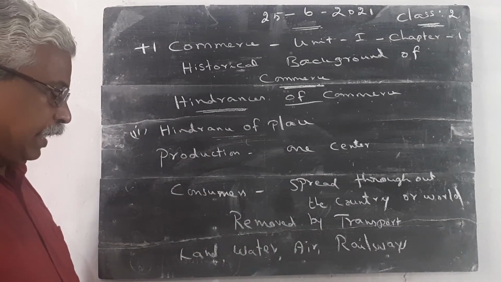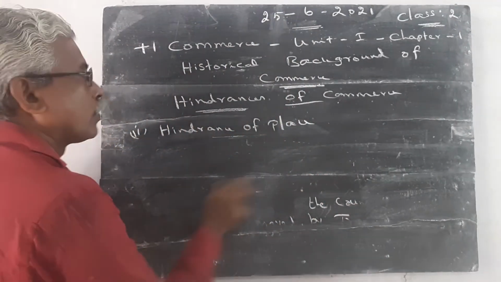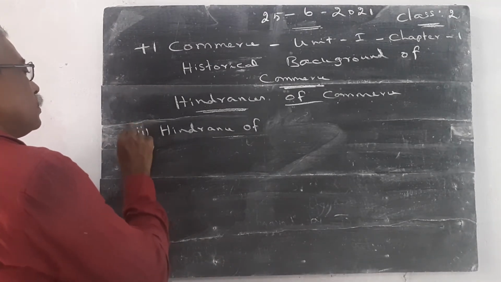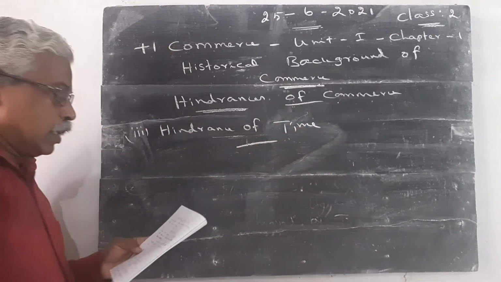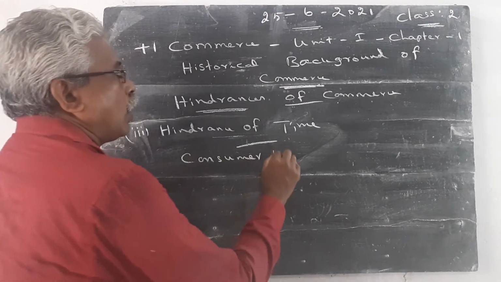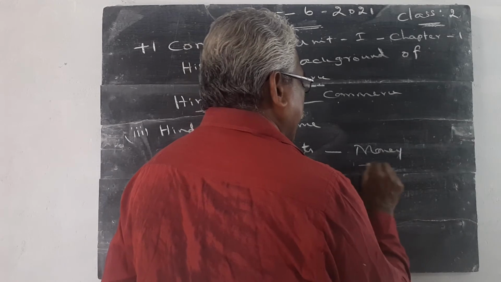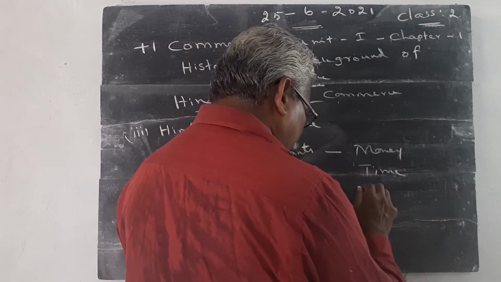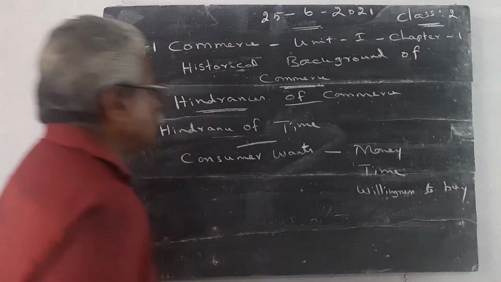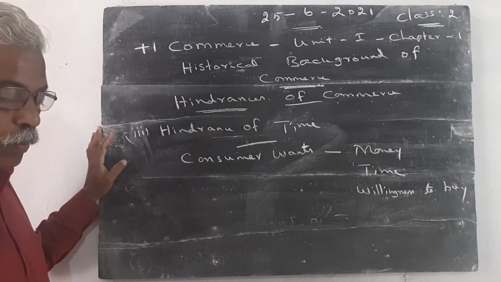Then point number 3, hindrance of time. Consumers want their product when they have money, when they have time and they have willingness to buy.